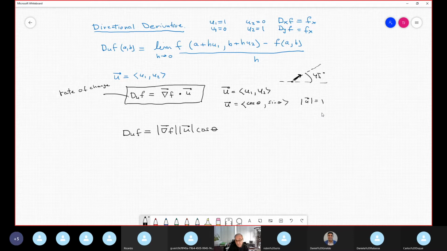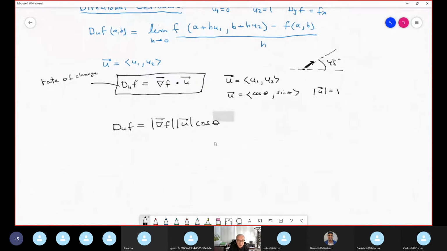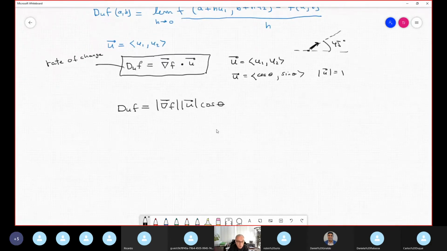You know the formula for the dot product, no? It is the magnitude of one vector multiplied by the magnitude of the second vector by the cosine of the angle between both vectors. This is a classical formula that you are super familiar with. However, for the unit vector, the magnitude is 1. So obviously this is equal to the magnitude of the gradient times 1, because it is a unit vector, times cosine theta.